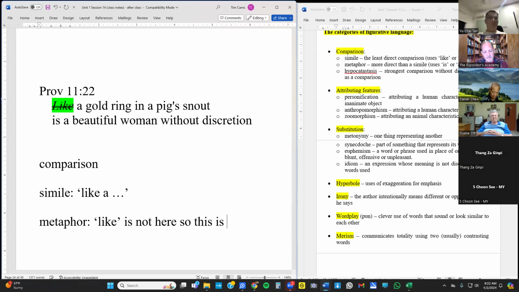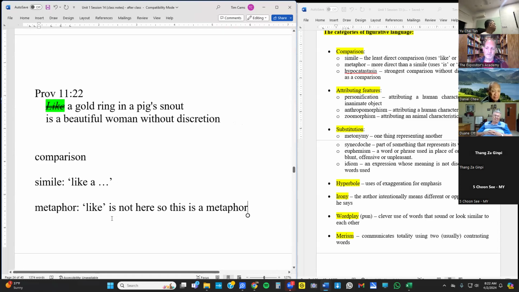So what the translators did was actually weaken the comparison. Solomon intended it to be a strong comparison: a gold ring in a pig snout is a beautiful woman without discretion. But when they added like, they softened that comparison a little bit. Does that make sense?